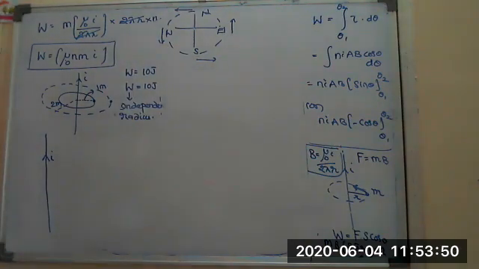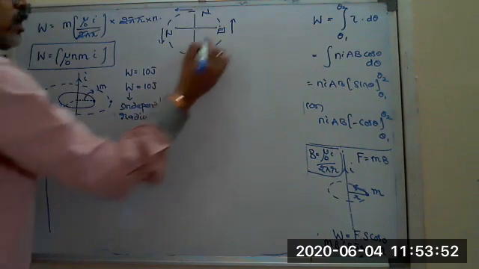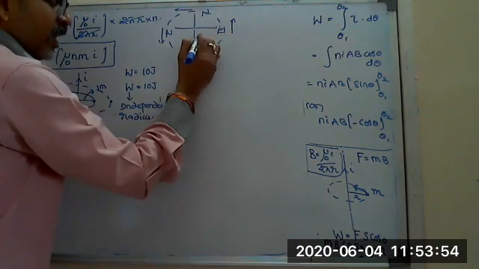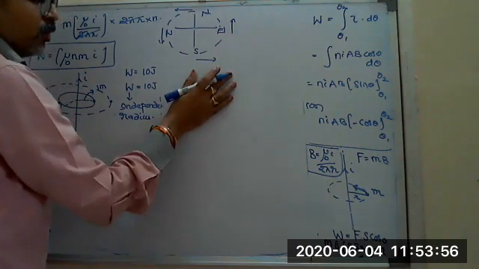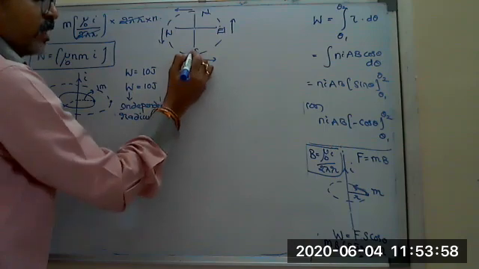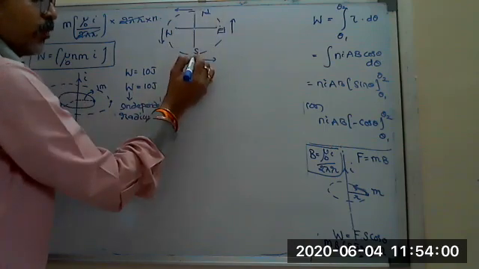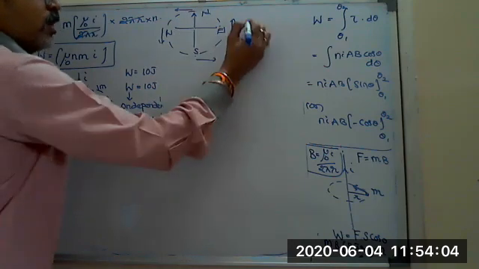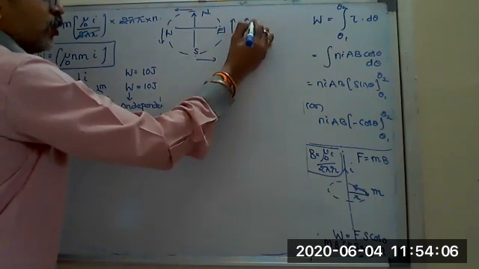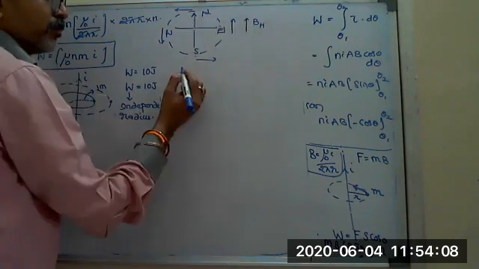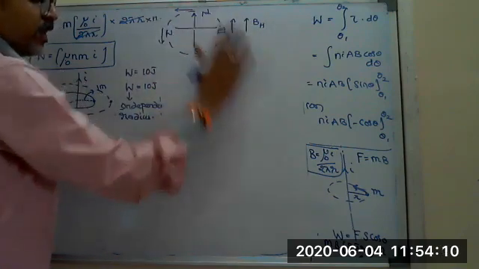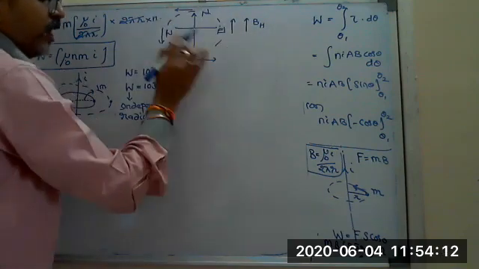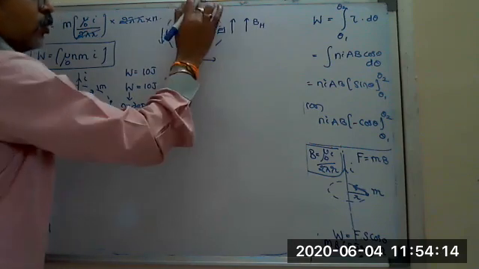In this case, if you also consider the Earth's magnetic field, Earth's magnetic field is always from geographic south to geographic north. This is the direction of BH. So here you will get BH like this. On the surface of Earth at any point it is always directed from south to north.